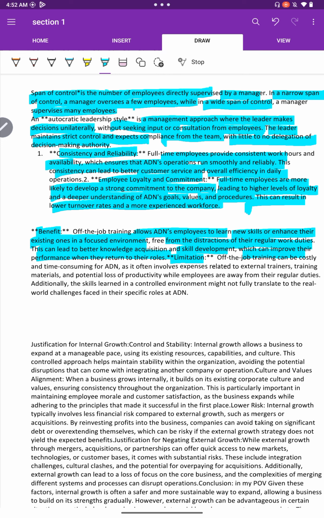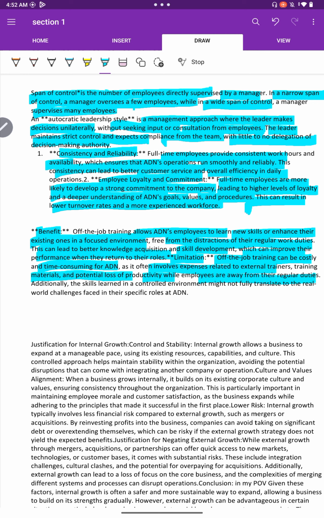And its limitation would be off-the-job training can be costly and time-consuming for ADN, as it often involves expenses related to external trainers, training materials, and potential loss of productivity while employees are away from their regular duties.